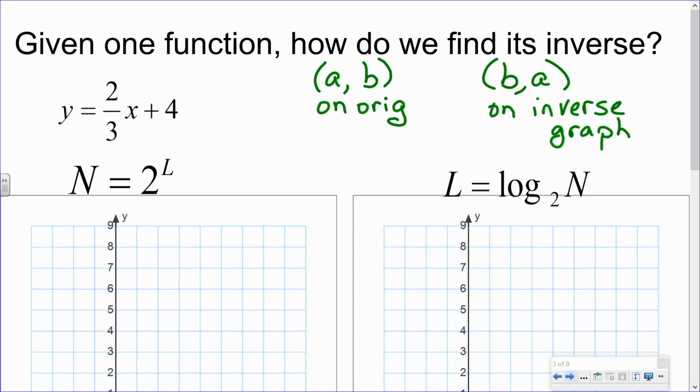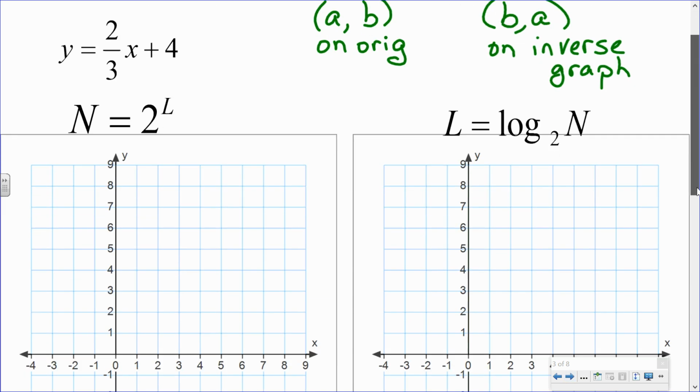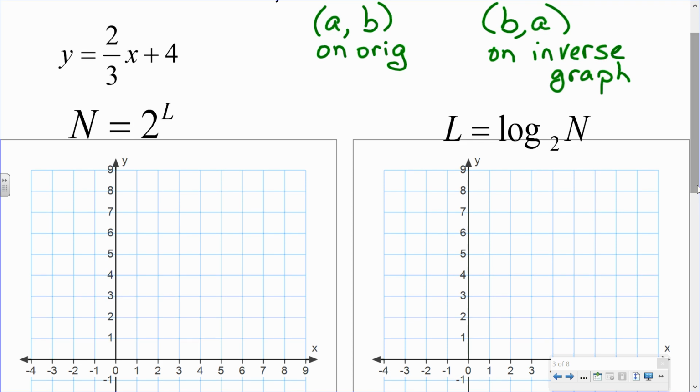So let's do that to do our graphs. So instead of y and x, I've got the n and L here. So let's see, that means that L is my independent variable and n is my dependent variable. So y equals 2 to the x, n equals 2 to the L. We've done the exponential growth graphs.